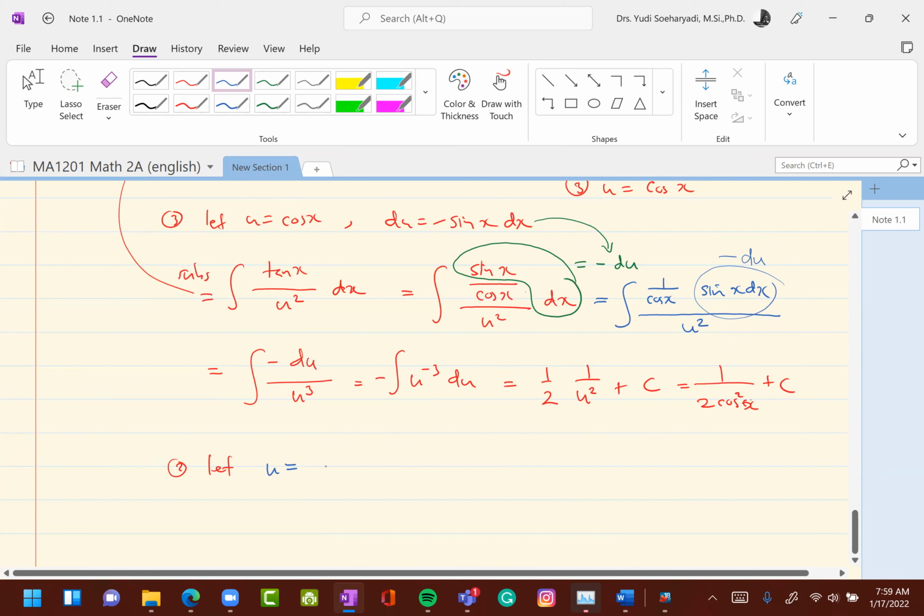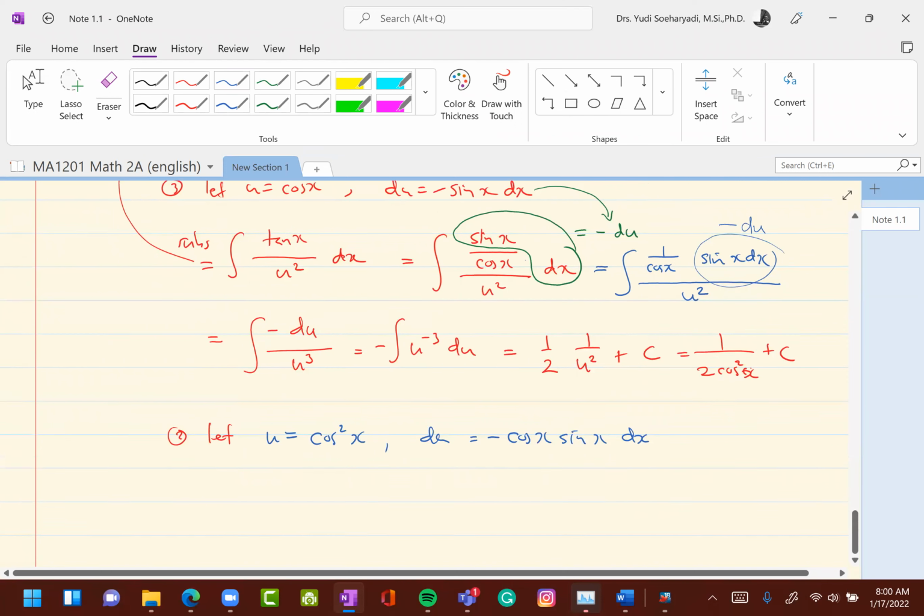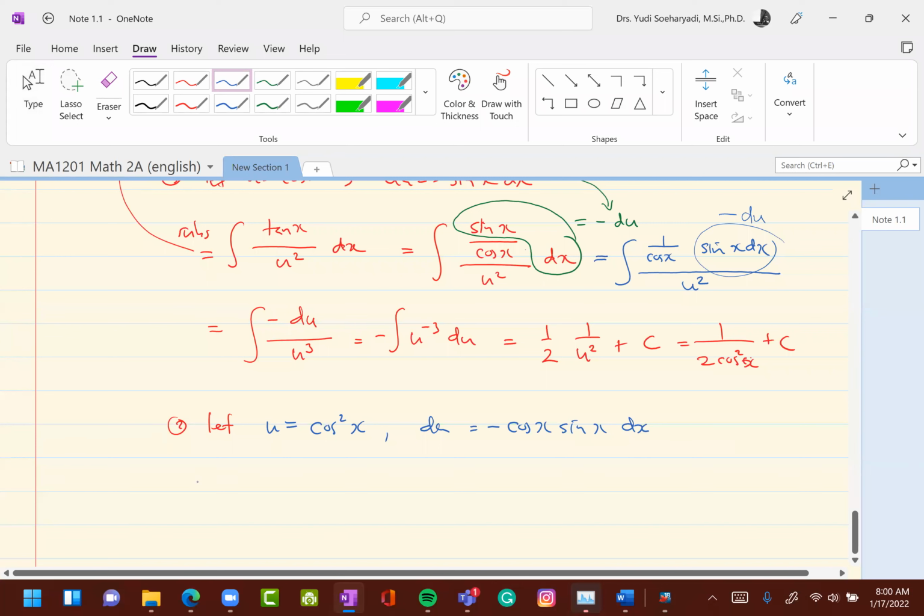Okay, so let's do this one, the cosine square. Now du is negative cosine x times sine x dx. So the substitution, now this is just u.